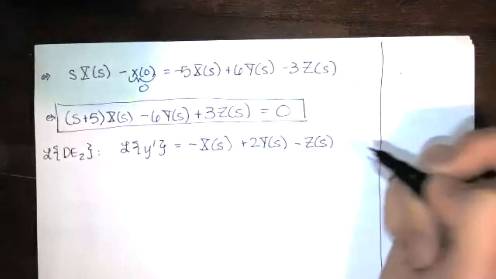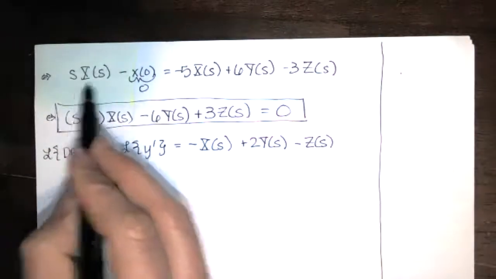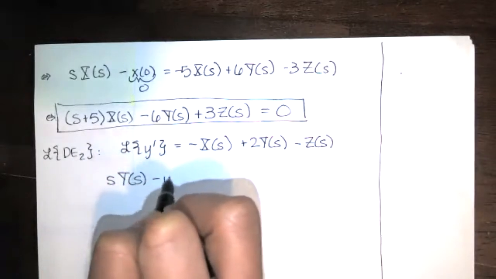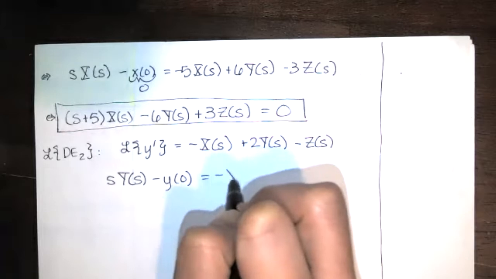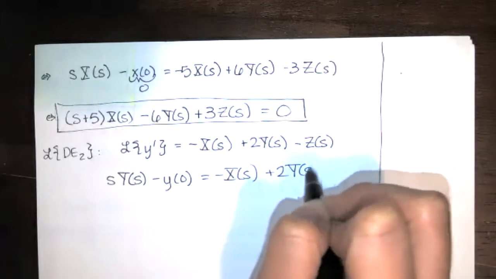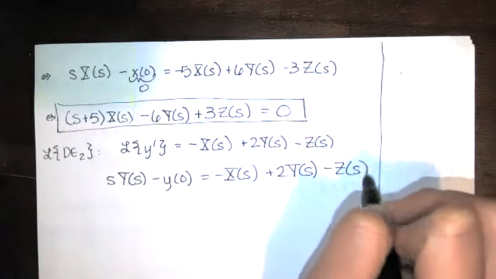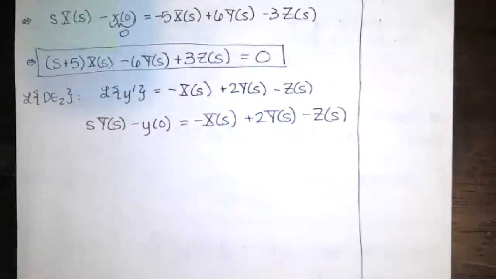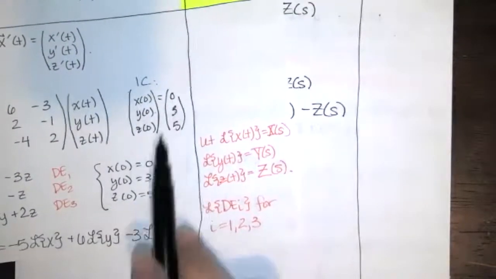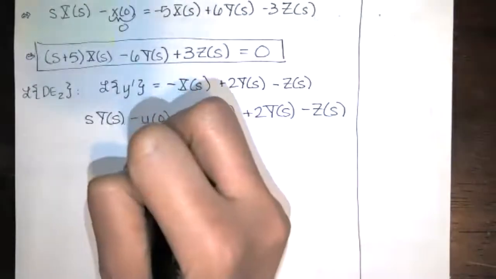So you have z of s there. And this, using the same rule that we used here, is s to the first times y of s minus little y at 0. Okay, now we have y of 0. Y of 0 was 3, that was given to us from our initial condition.